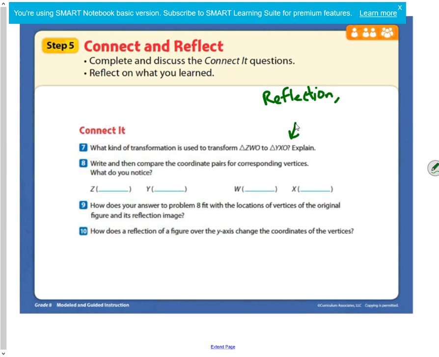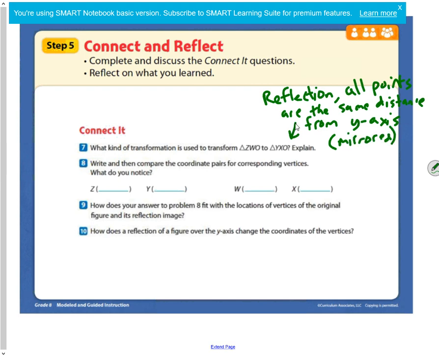Because all points are the same distance away from the y-axis. And the y-axis happens to be our line of reflection. And in other words, it mirrored.